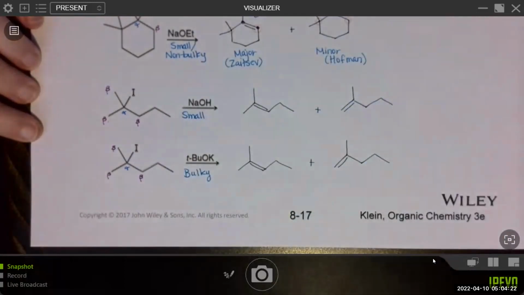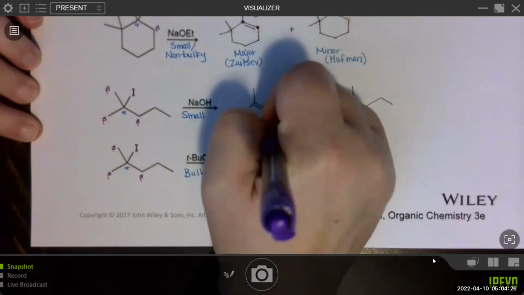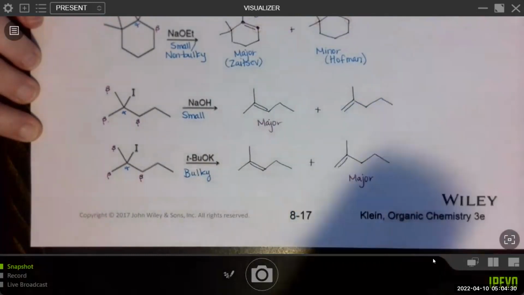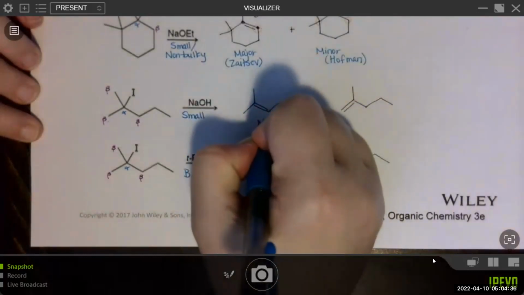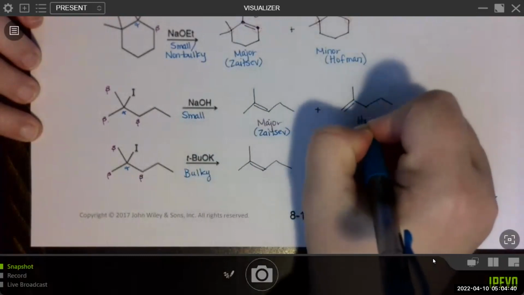Right, so the difference now is going to be the fact that this one is major, and they give different major products. So Zaitsev, Hofmann.